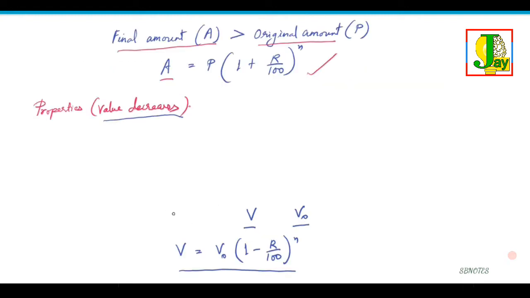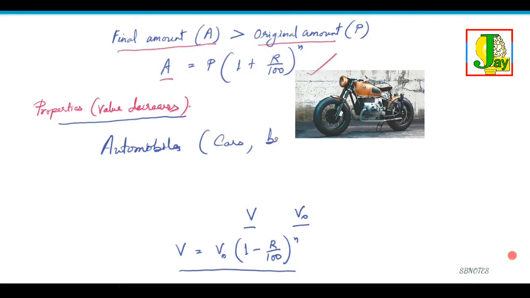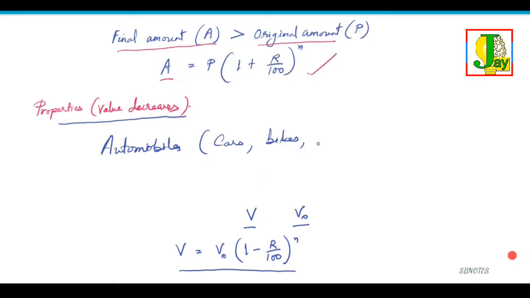In contrast to the properties we have just discussed, for most of the properties that we see in our daily life, the values decrease over time. Listing those properties, we have automobiles like cars, motorbikes, and buses, and many more.